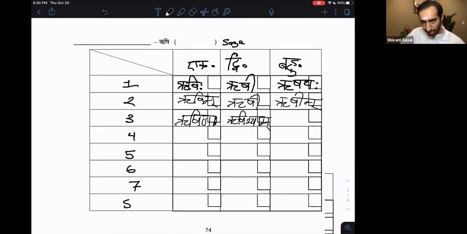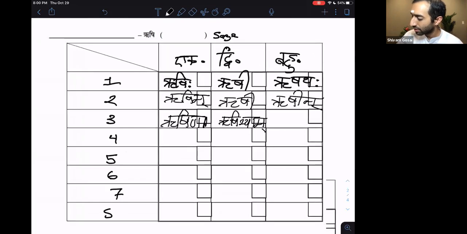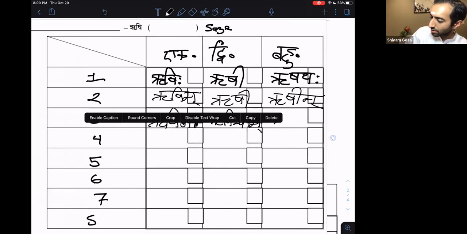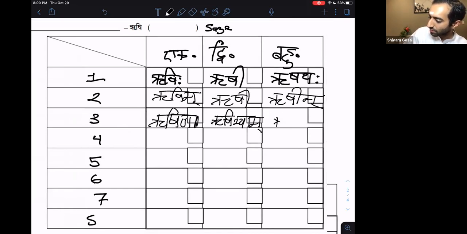Sorry, I know it's not that clear, but hopefully you can follow along. And then Rishibhihi, like Haribhihi. Rishaye, like Haraye.